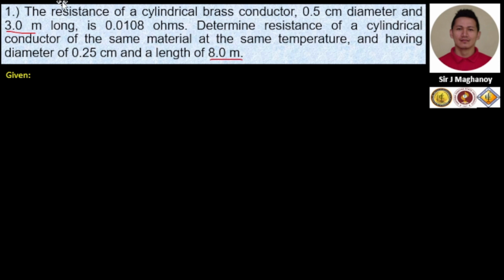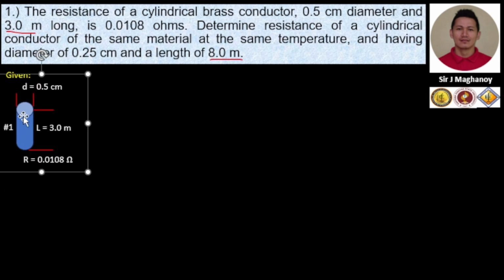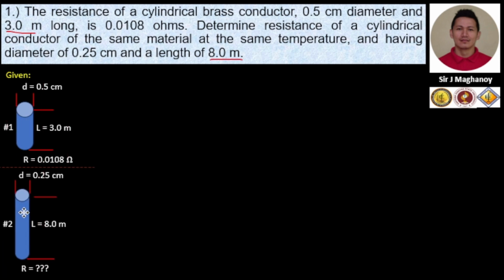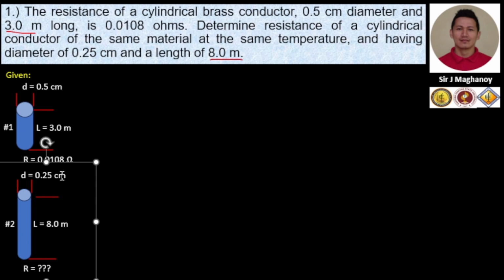For conductor number 1, we have a diameter of 0.5 centimeter, a length of 3 meters, and a resistance of 0.108 ohms. For our second conductor, we have 0.25 centimeter for diameter and a length of 8 meters, and the resistance is not given, so therefore it's the unknown.